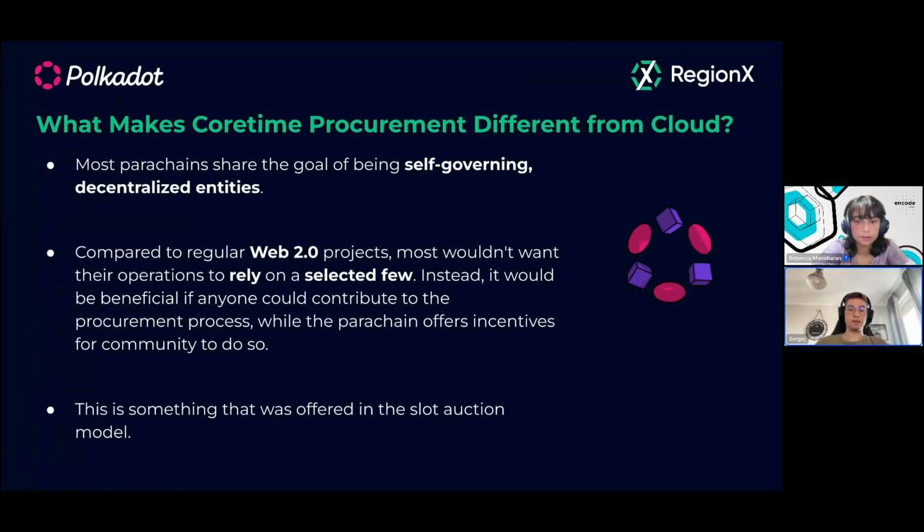This is not something that we have with Web 2.0 projects. But this was solved with the crowd loan model that we had in the slot auctions, because anyone holding DOT can decide to contribute to a project that they consider useful.